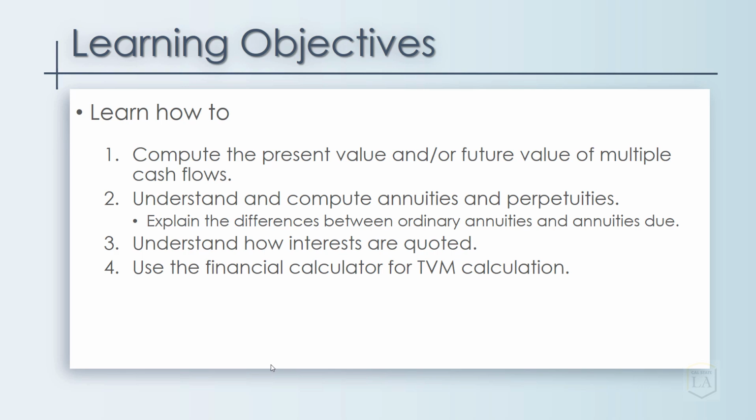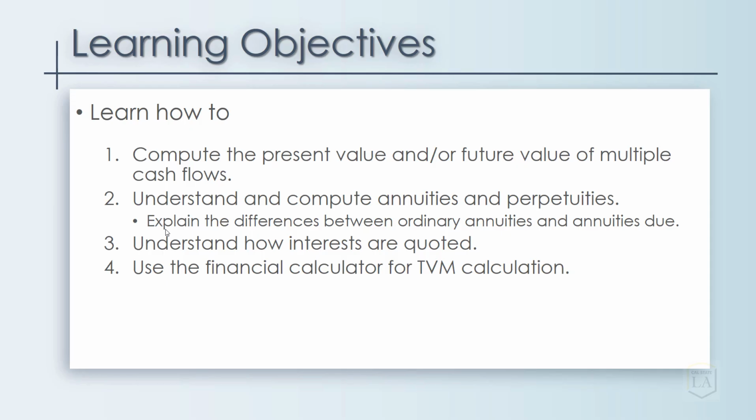And these multiple equal cash flows are usually called annuities and perpetuities. So we will learn how to understand and compute annuities and perpetuities. And more precisely, we will learn how to explain the differences between ordinary annuities and annuities due.